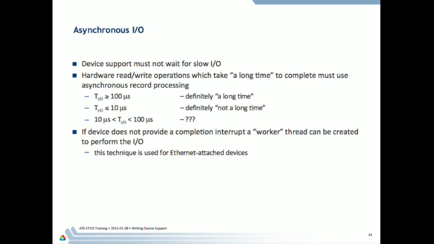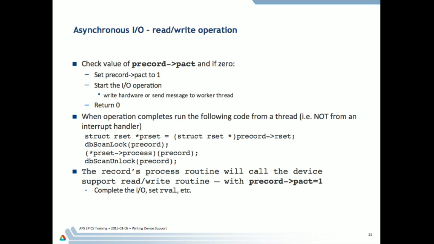If you don't have a completion interrupt, you can also add a background thread, a worker thread that polls the device, waits for it to complete, and then finishes off the I/O operation. So how do we actually do asynchronous I/O? Basically, this is how you decide whether you're going to be asynchronous or not, based on how long it's going to take to perform the operation.